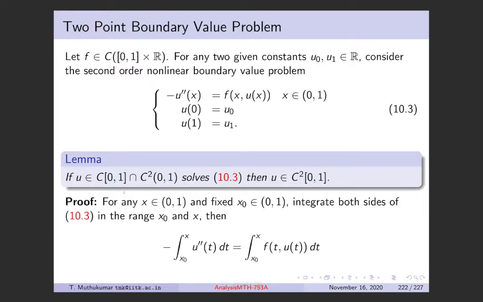We see that for any x in (0, 1), once you fix x naught in (0, 1), if you integrate this ODE from x naught to x, we get this integral equation here. This minus symbol is just for convenience.